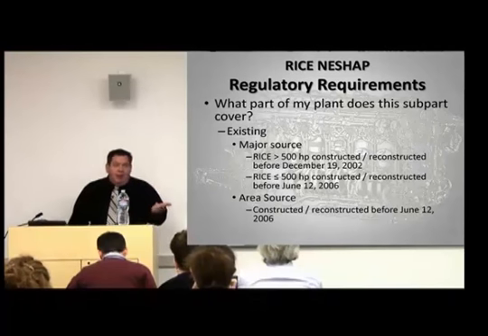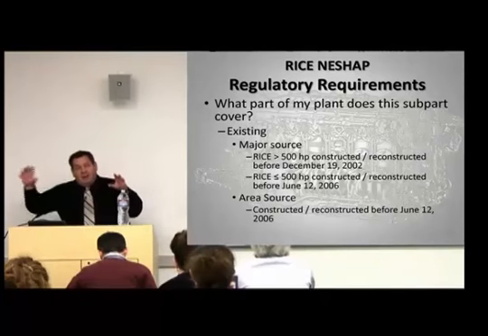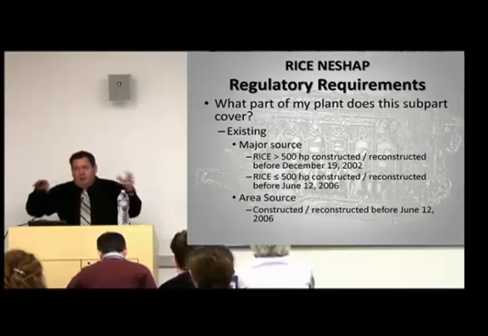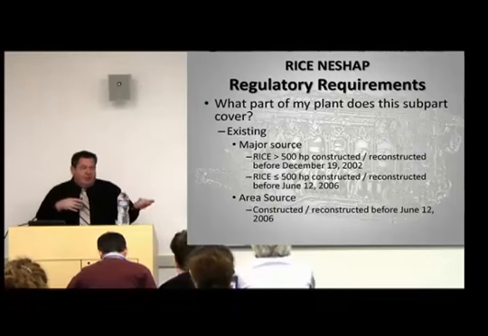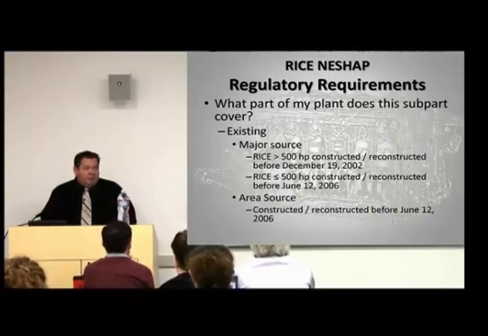So it's going to be incumbent upon you to know the difference. The standards for new and reconstructed are more stringent than standards for existing. So I would guess that it would be in the best interest of the source to say my engine's existing. So if there's a question whether it's existing or not, it's up to them to provide the paperwork or the evidence to show if it was there and being operated before these dates.